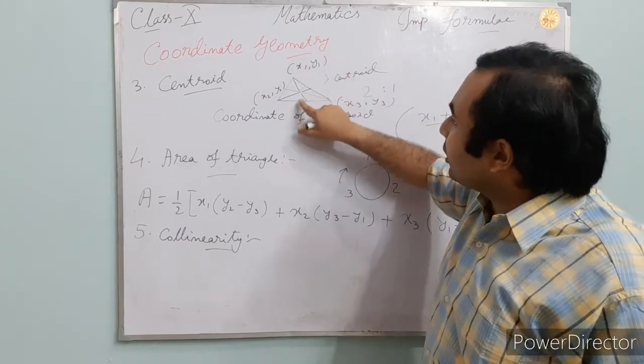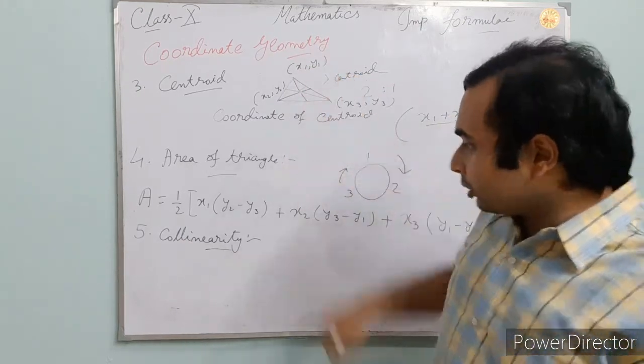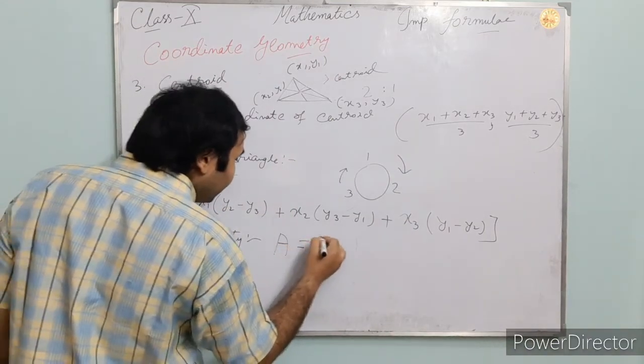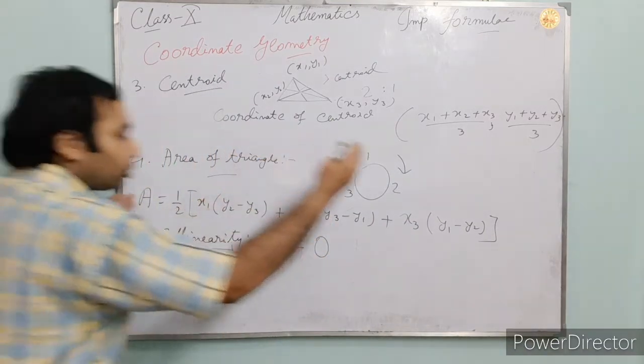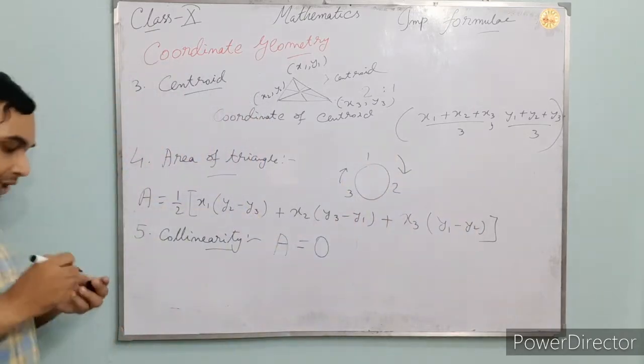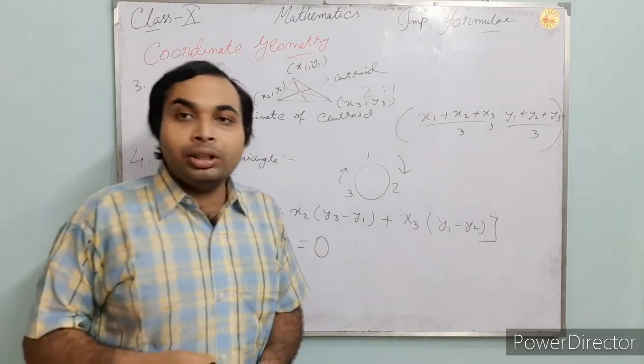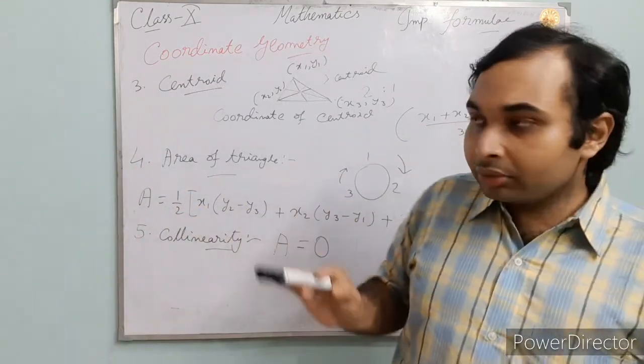So here we have to show that A equals 0, that this total part comes 0. Then we can say the 3 points x1 y1, x2 y2 and x3 y3 are collinear.